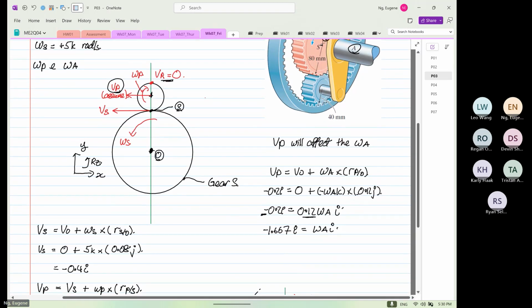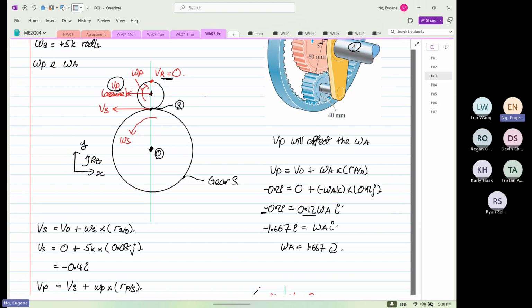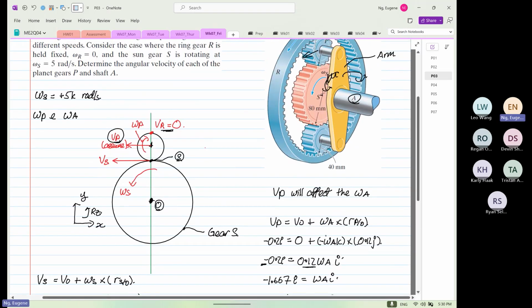Omega A will be equal to 1.667 and is going to be in the clockwise direction, because I assumed it to be going clockwise. That's why I put a minus.